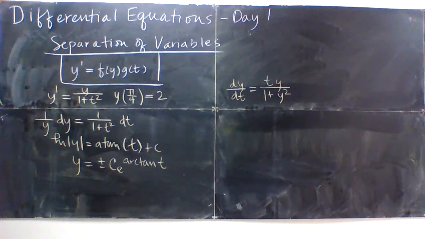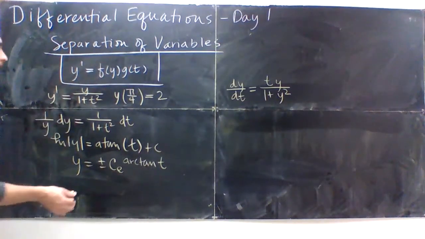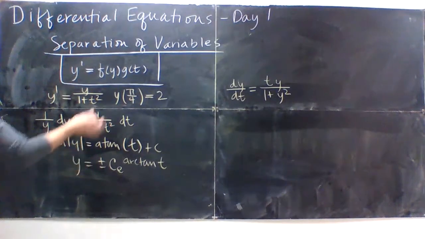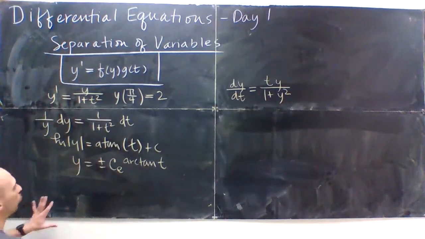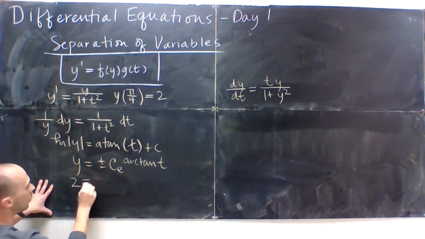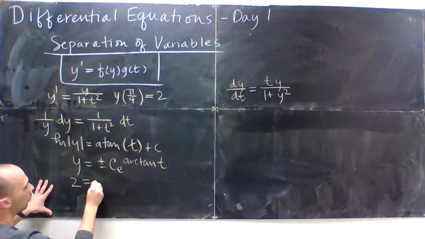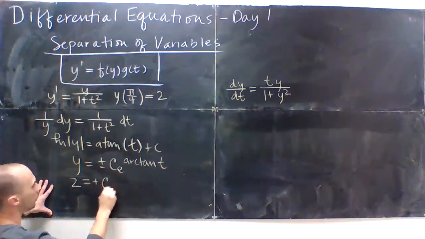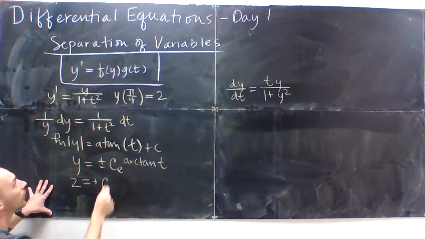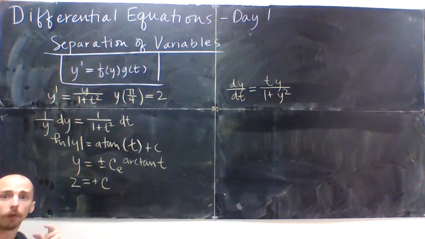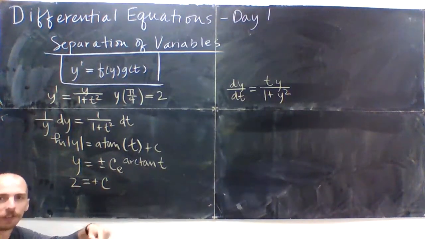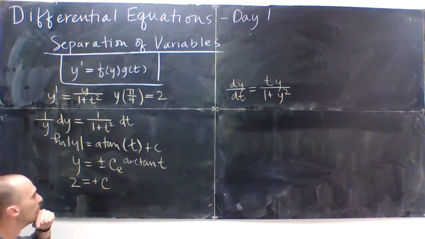Let's think about that for a second. And then I'm going to try to find my c using my initial condition. So when t is pi over 4, y is equal to 2. So 2 is equal to, this is a positive number, so I'll just say positive c e to the arctangent of pi over 4. Oh, that was not very smart, right? I thought I wanted it to be arctangent of pi over 4 so I could get 1.